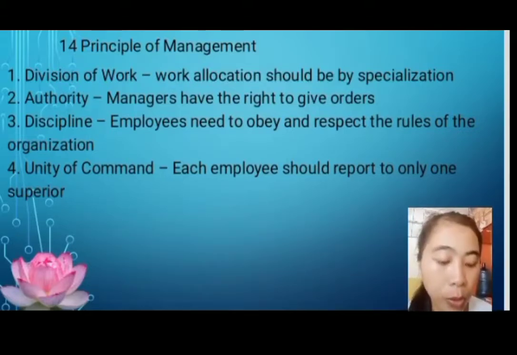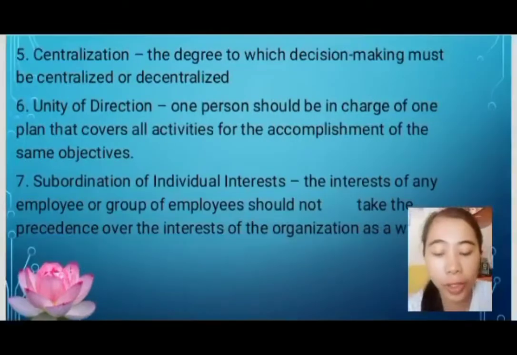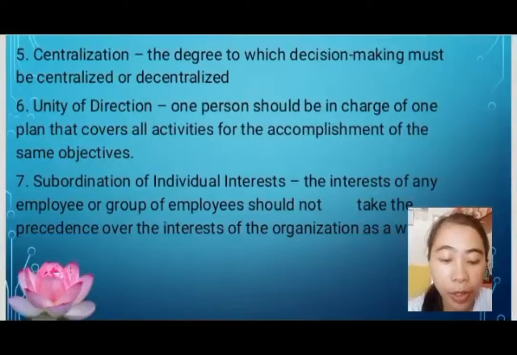pakinggan o sundin. However, today, there are organizations wherein there is more than one manager that employees must follow. Number 5 is centralization. It must be clear to the organization who will make decisions and how the decision will be implemented.